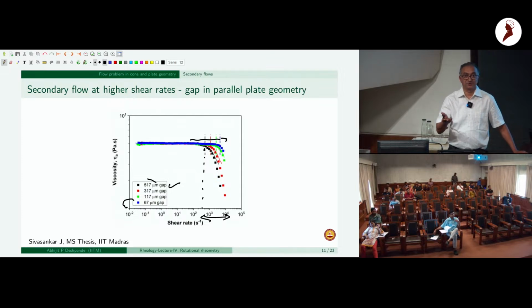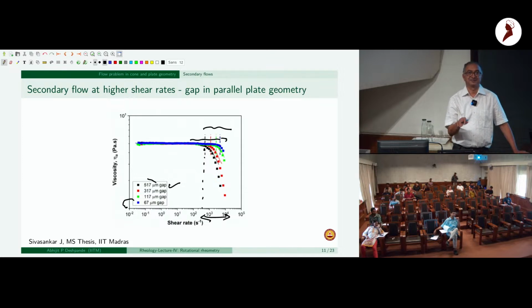Given the practical application in which this oil is used, it is used at very high shear rates. So I am interested in knowing whether the measurement at that shear rate is reliable or not. That is the question, right? Because here up to 100, all the measurements match. So irrespective of the gap, you will get the same result.